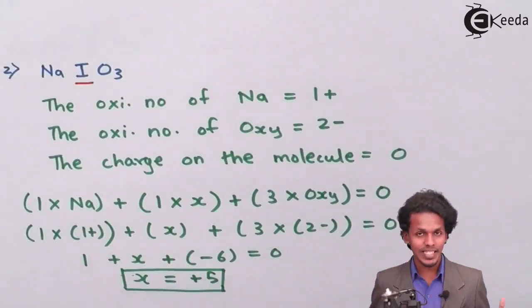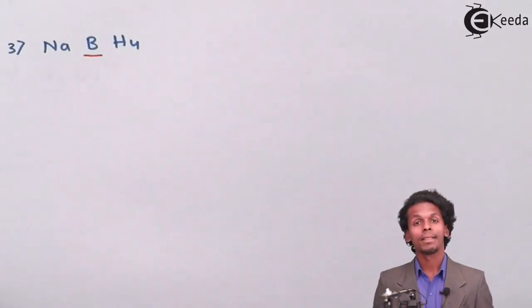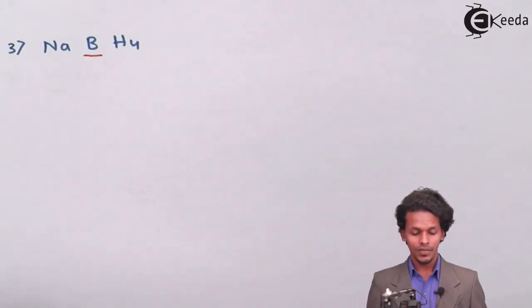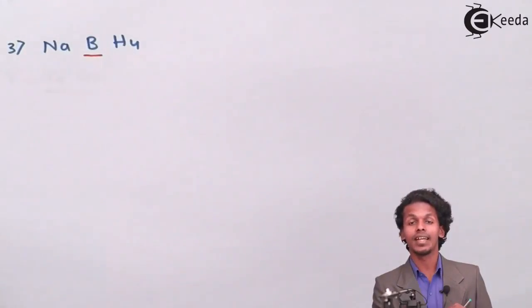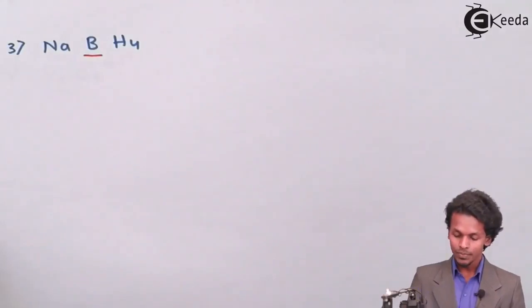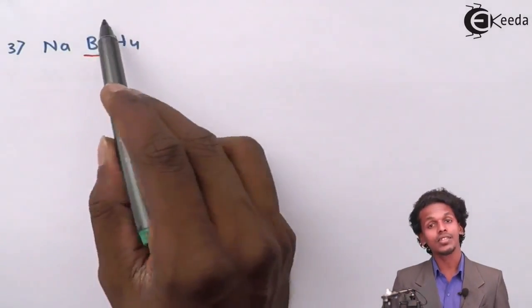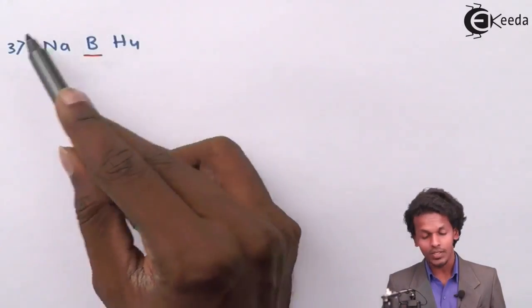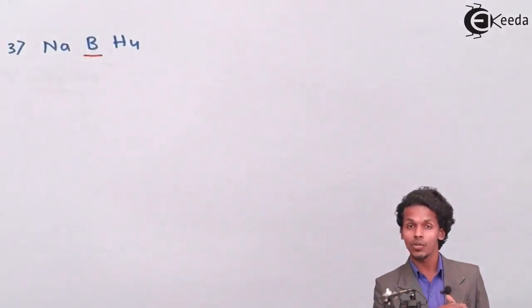So let me give you another example also. We are going to do various examples based on this. So this is another example in which boron is the underlying species, and we have to calculate the oxidation number of boron. As you can see, there is no charge present on the whole molecule, so the overall charge of this molecule is 0.